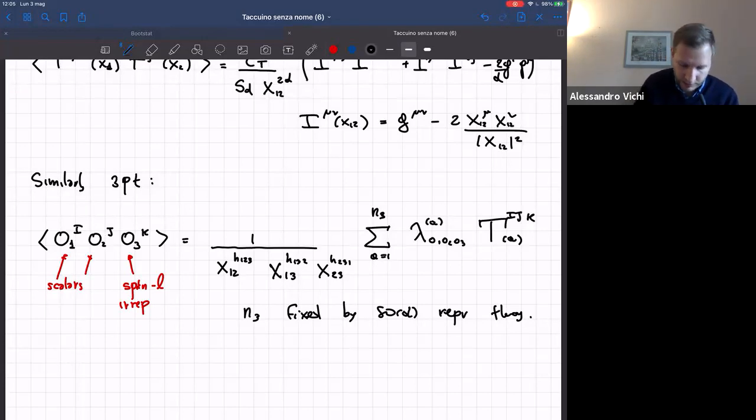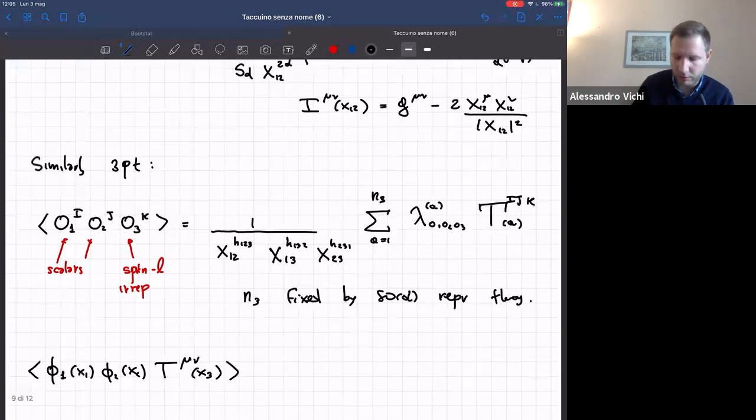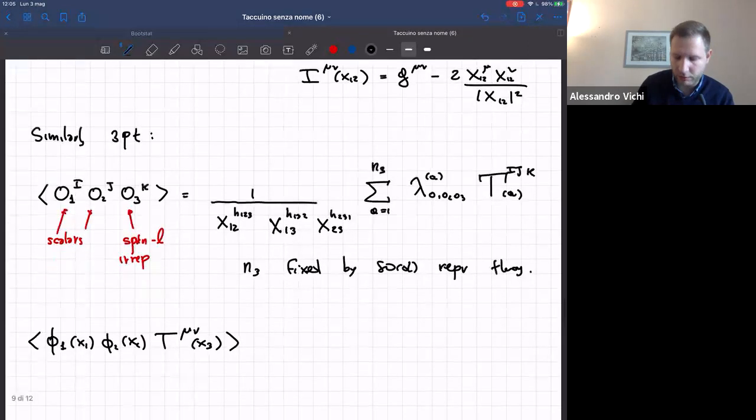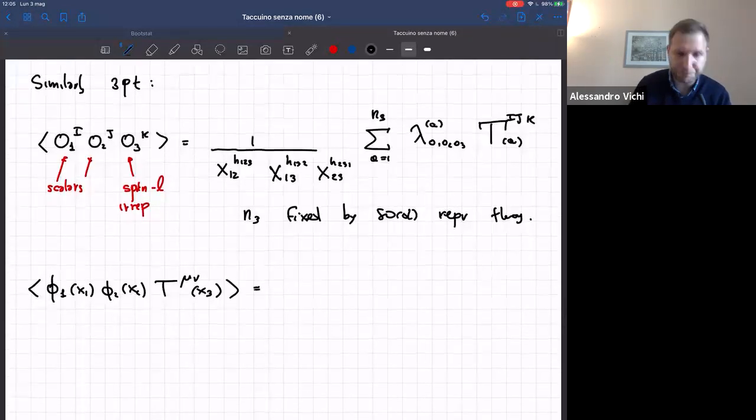And for instance, let's make a concrete example that will also address the question that was asked before. If I have an operator phi1 in x1, phi2 in x2, and then the stress tensor, you might wonder how this three-point function looks like. So in this case, there will be a single coefficient, lambda phi1 phi2 T, let's call it.